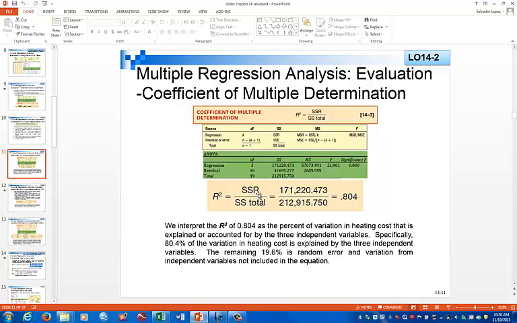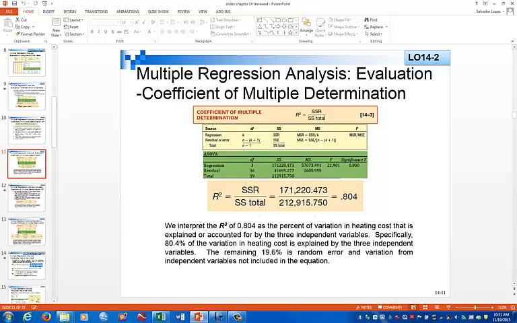Now the R squared is calculated as the ratio of 2 numbers, the SSR, which is right here, 171220, divided by the SS total. If you take the ratio of those 2 numbers, you get the same 0.804. So in other words, looking at the variation due to regression, what is called SSR, divided by the total variation, which is SST.